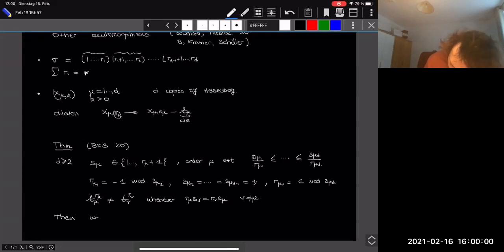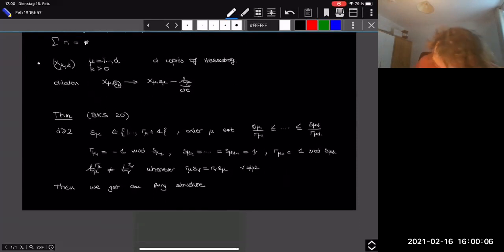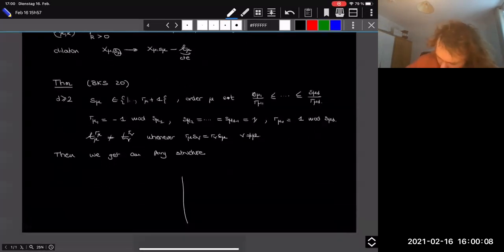Then we get an Airy structure. And there's some no-go. That means if you violate some of these conditions, we can prove there's no Airy structure by saying that F03, for instance, is not symmetric, or F04 is not symmetric.